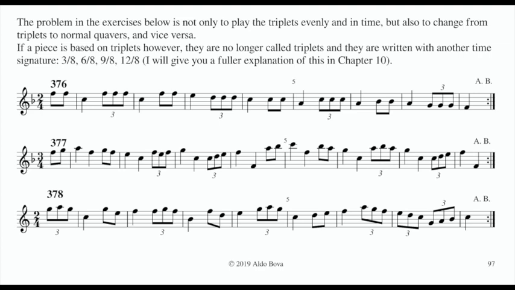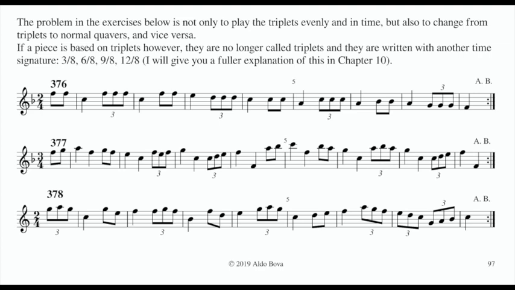The difficulty is really that 2 and 3 do not go together. 2 and 4, yes. 2 and 6, yes. But 2 and 3 have nothing in common, just the first note. But what happens after? It's in a different position.